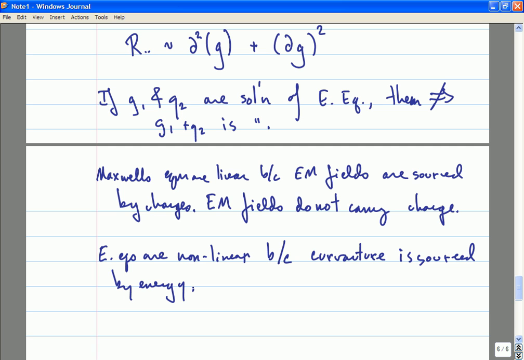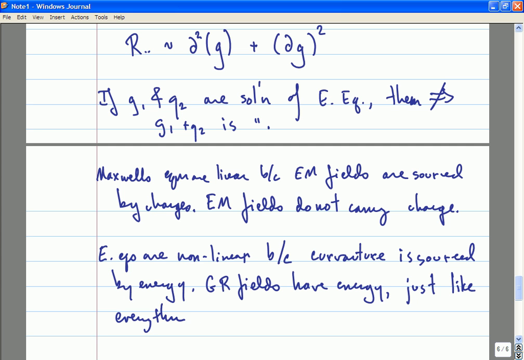The gravitational field, or gravitons if you want to use fancy language, themselves will have energy and hence will act as a source of gravity. So gravitational fields have energy, just like everything else. A photon does not have charge, but a graviton has energy.